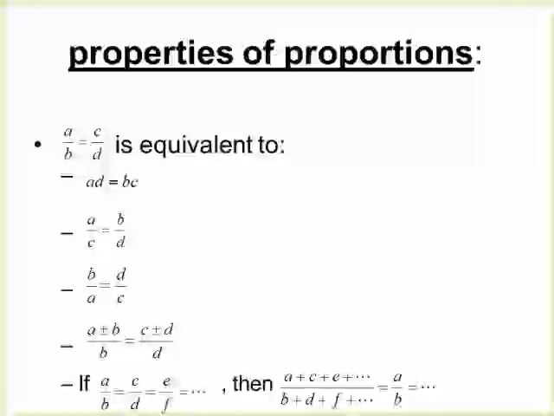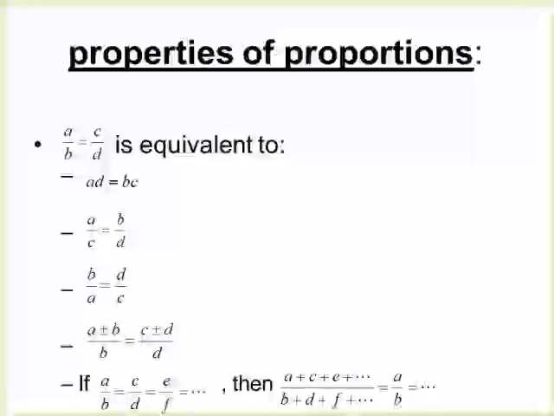Where are A and C? On the tops, okay. Where are B and D? On the bottoms. So what we're doing in this property is we're reading the proportion across sideways instead of reading it across up and down. So instead of saying A over B and C over D, we're reading it across: A over C, B over D.